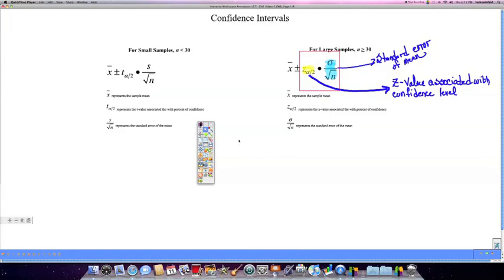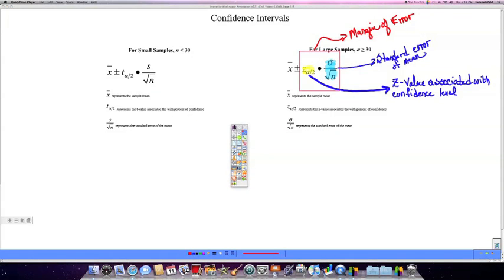This product is what we call the margin of error. And that will help us in some of our problems in the terminology.